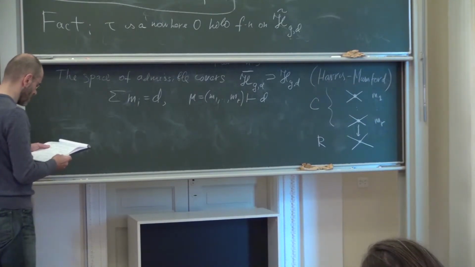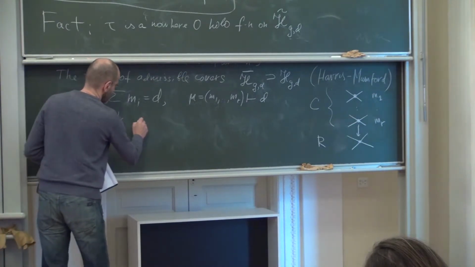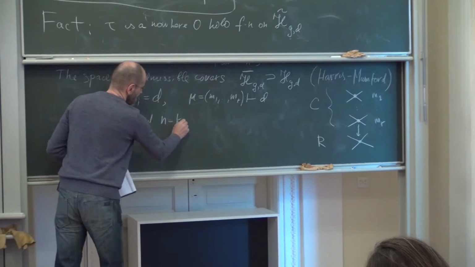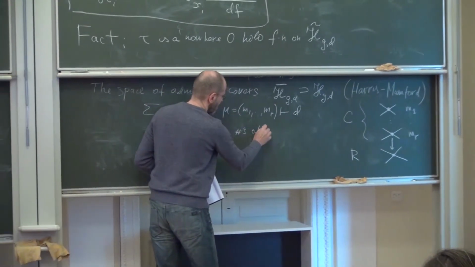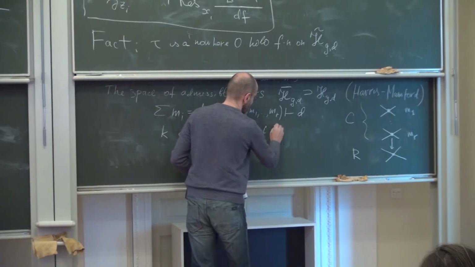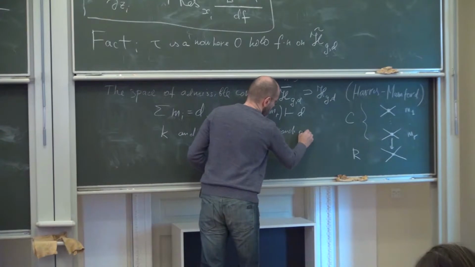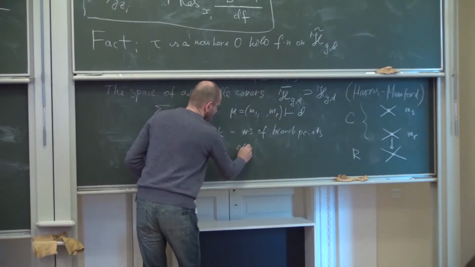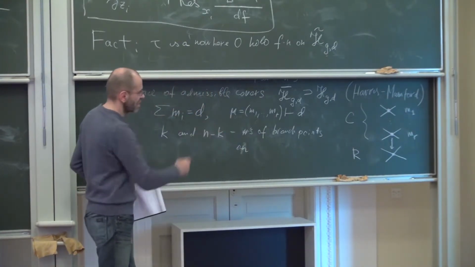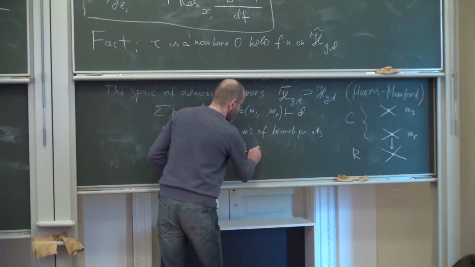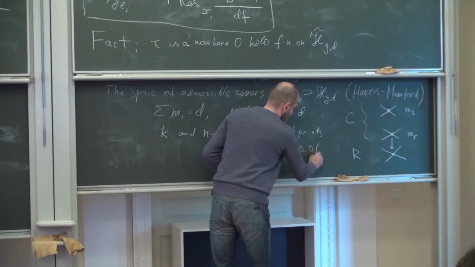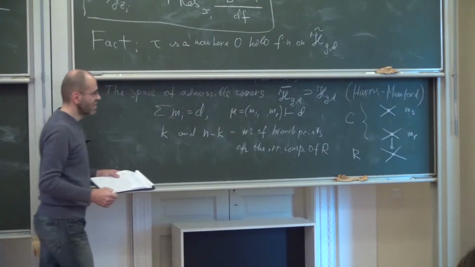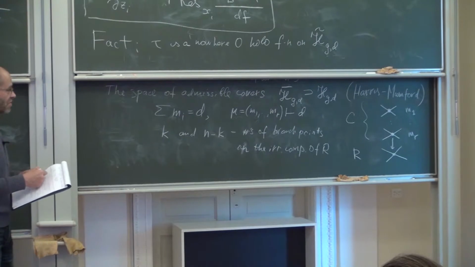And let's denote by k and n minus k the numbers of critical values or branch points on these two irreducible components of the rational curve R. So R consists of two smooth rational curves that intersect at one point.